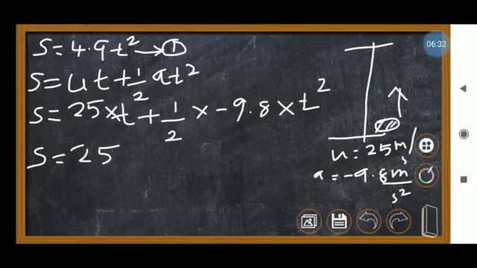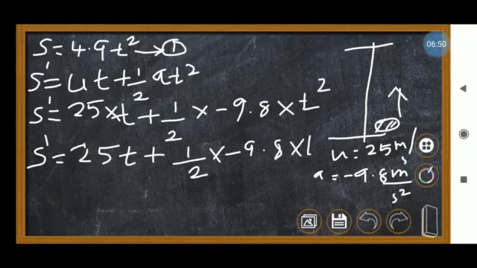For the first case I already used s, so I will put s dash for this one, so that we can know the difference between the two. So s dash equal to 25t plus 1 by 2 into minus 9.8 into t square.